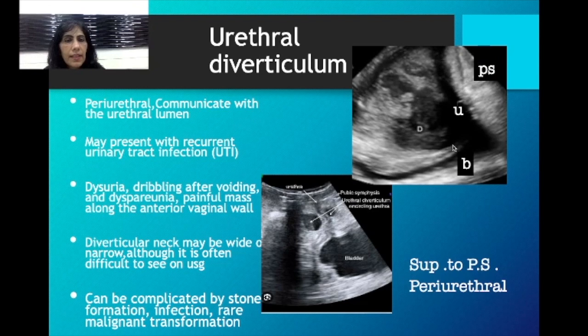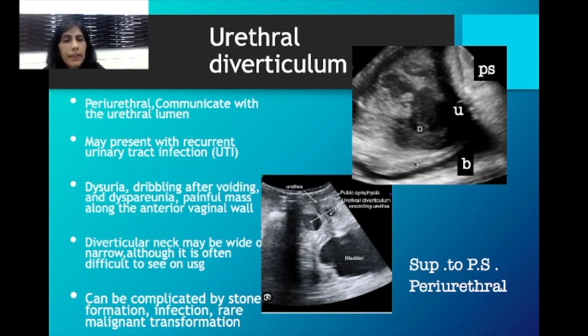This is that cystic area close to the urethra, and we can see another one, and it is communicating with the urethra. This one is not looking anechoic. Why? Because this is infected and has changed into a pus-filled area. So there are echoes you can see inside, and this is a urethral diverticulum.